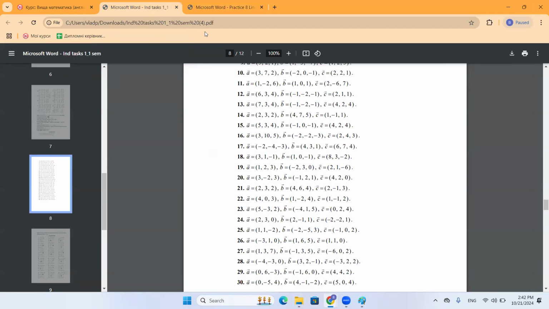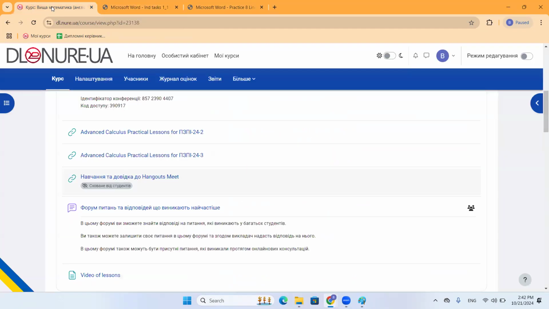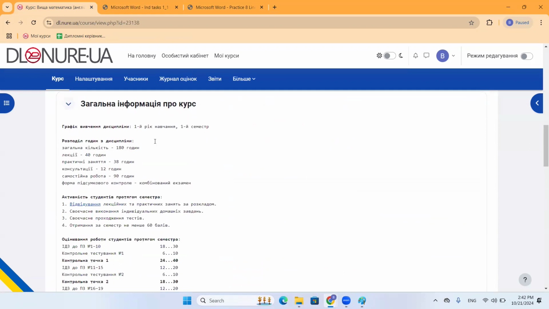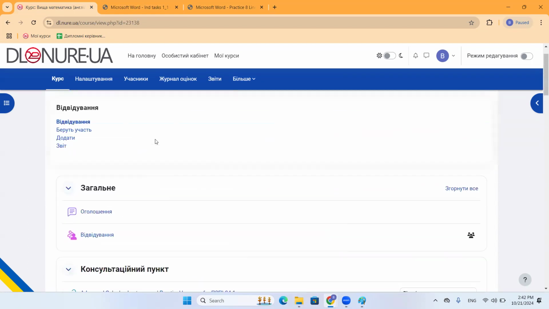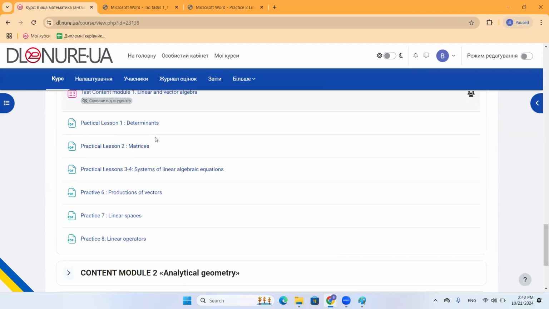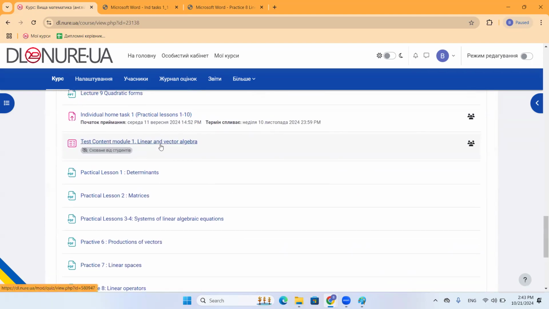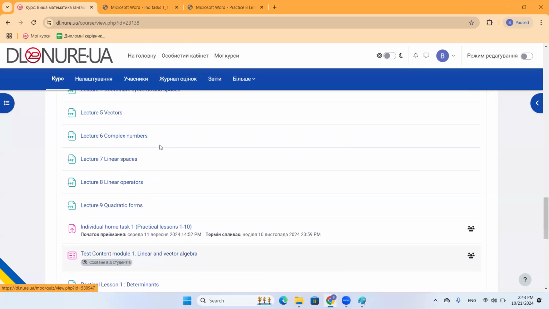No, the test after each topic that we have. Okay, so on DL, as I understand, you mean this one, right? Yes. Well, I won't tell you what this test is about because I haven't seen its structure.